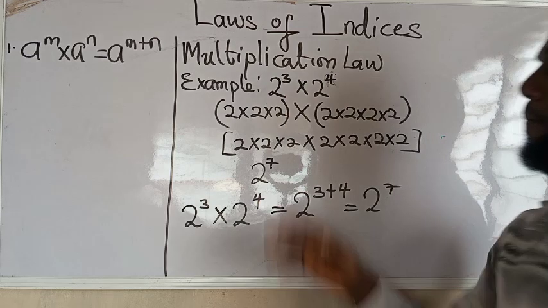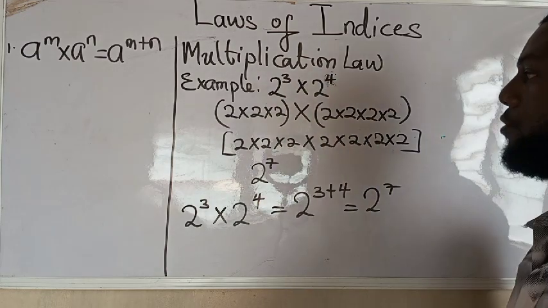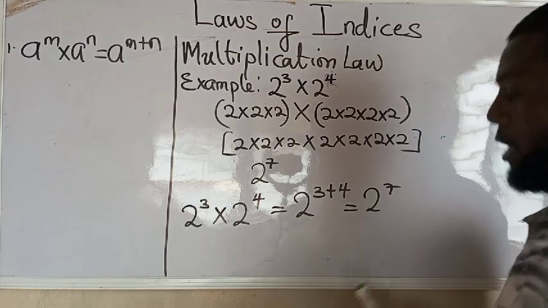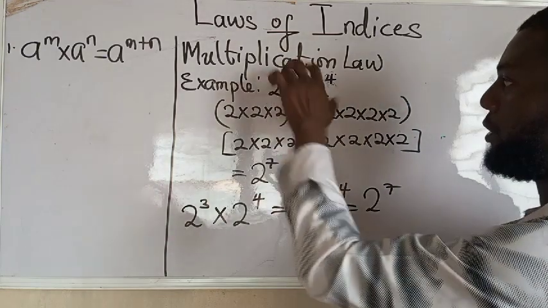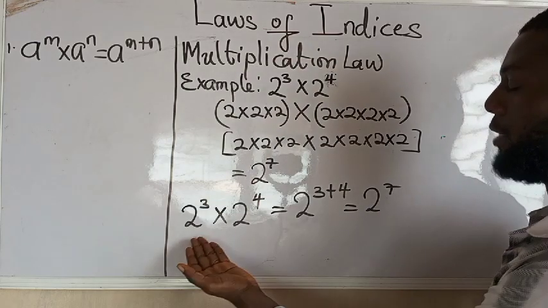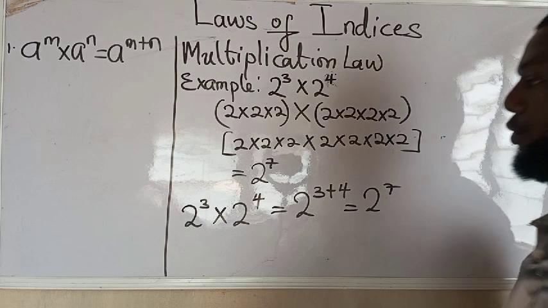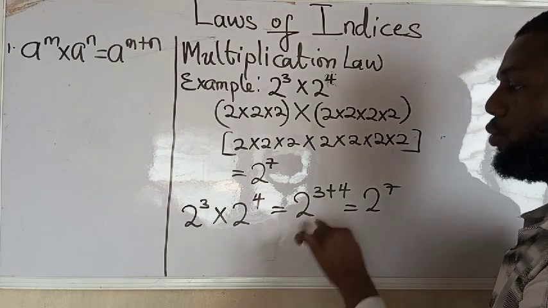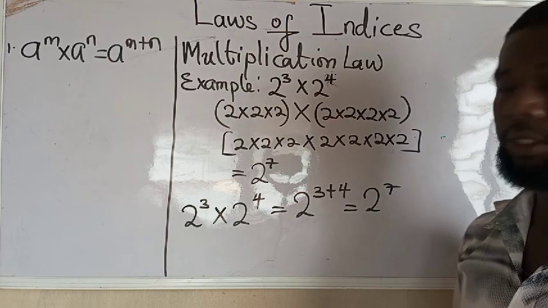Now let's look at this. As you can see, 2 raised to the power 3 times 2 raised to the power 4 gave us this as our final answer. And I also brought this same question down here and analyzed it by saying 2 raised to power 3 times 2 raised to power 4 equals 2 raised to power 3 plus 4 equals 2 raised to power 7.